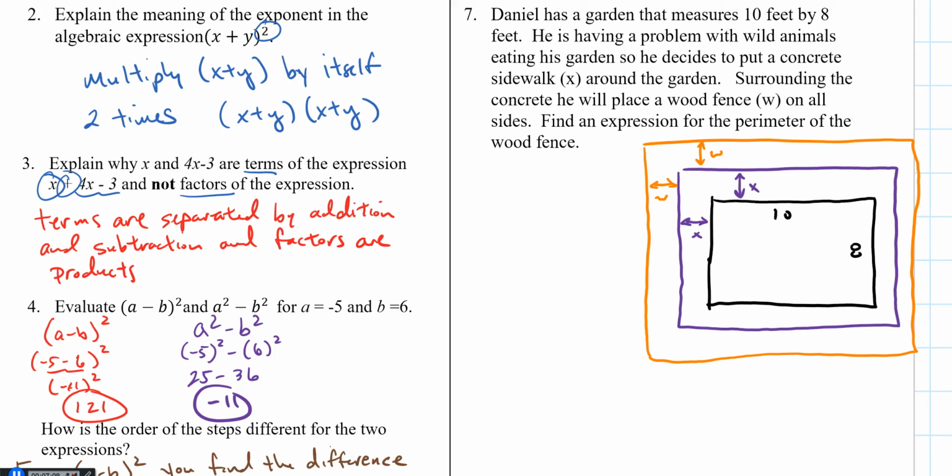So we need to look at what is the actual distance. So what is this total distance? Well, the black part from here to here we know is 10. But then we have x more on this side plus x more on that side.